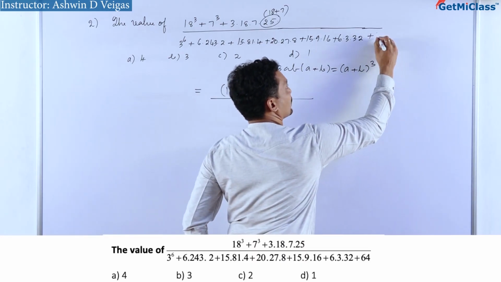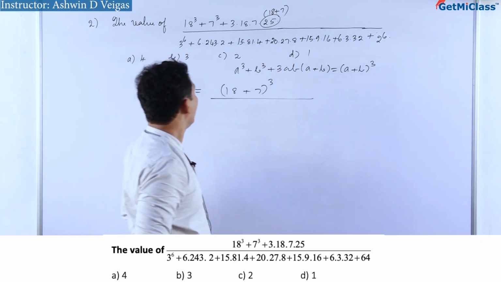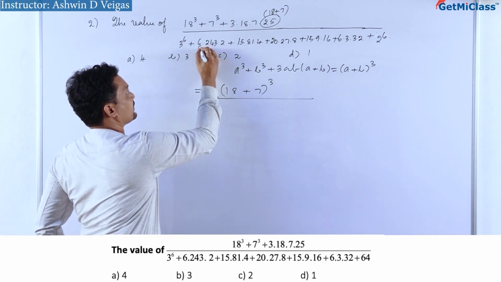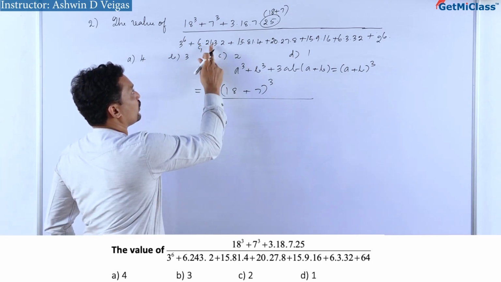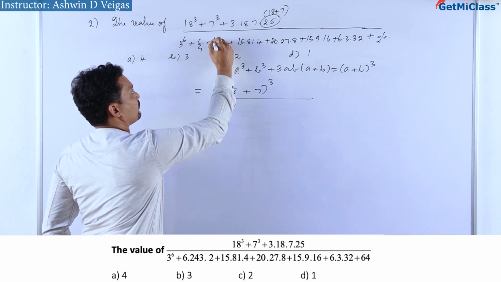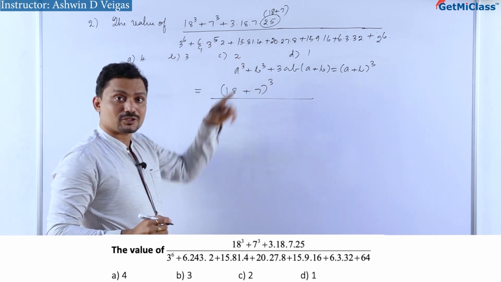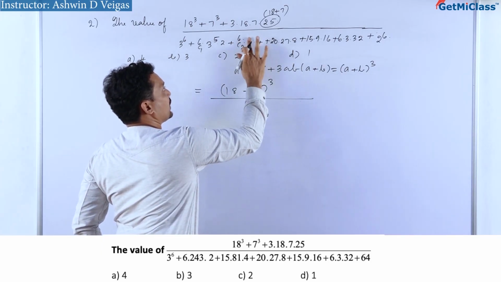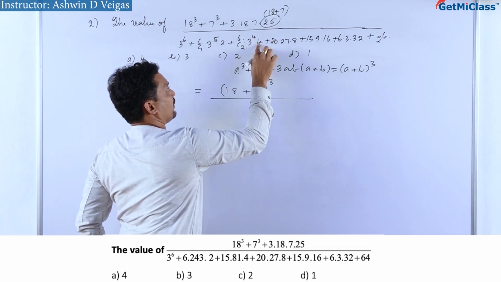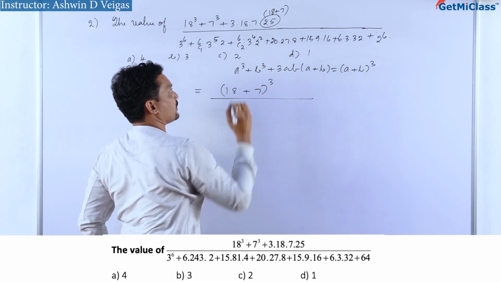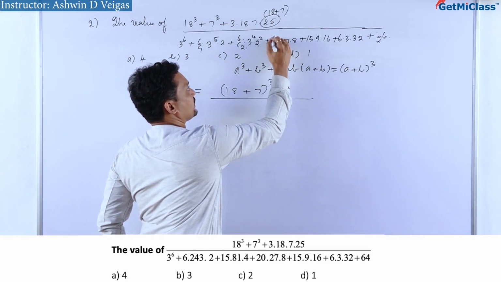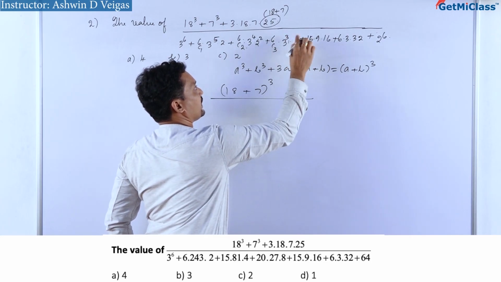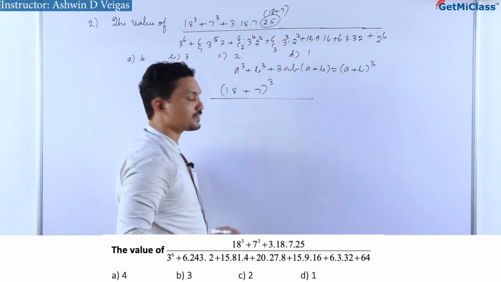Now from the second term, this 6 can be written as 6c1, 243 can be written as 3 power 5, 15 is actually 6c2, 81 can be written as 3 power 4 and 4 can be written as 2 square. 20 can be written as 6c3, 27 can be written as 3 cube, 8 can be written as 2 cube, etc.